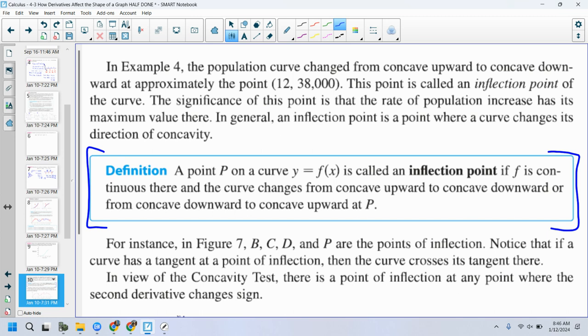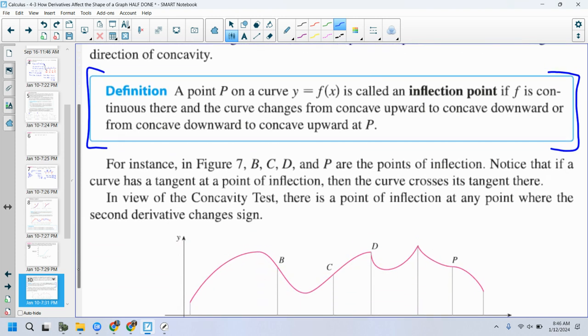But again, those are just the possibilities of locations that they could exist. Right? We have to do that number line test. We have to do the concavity test to figure out whether those are actually going to change from concave up to concave down or concave down to concave up. Now, what's interesting is those inflection points mean different things on different types of problems, okay? And that's what the last problem, which I'll go back to in a second, is going to refer to, okay?